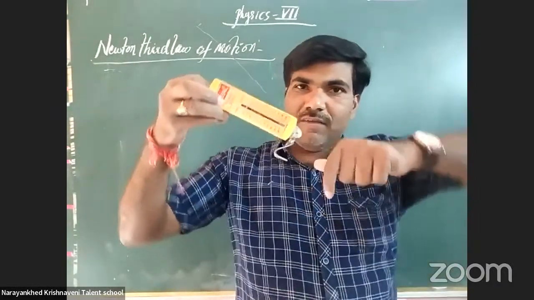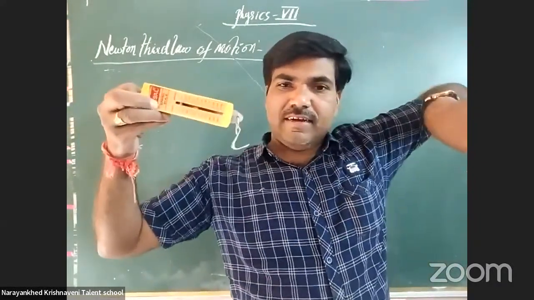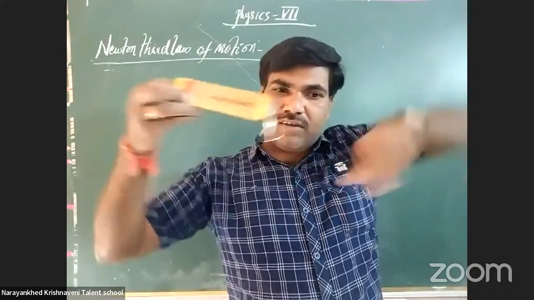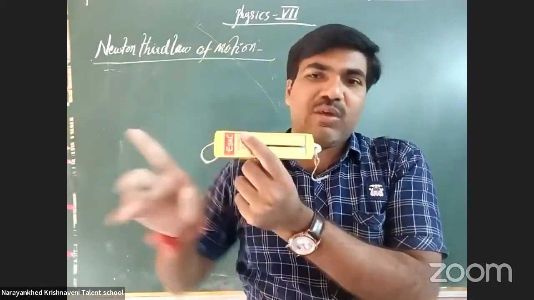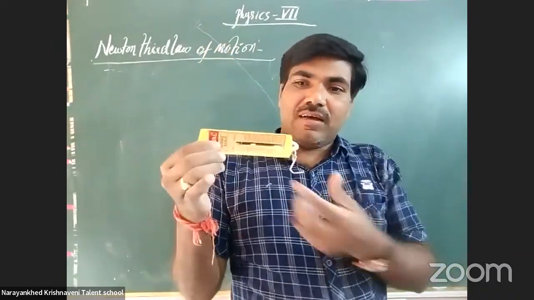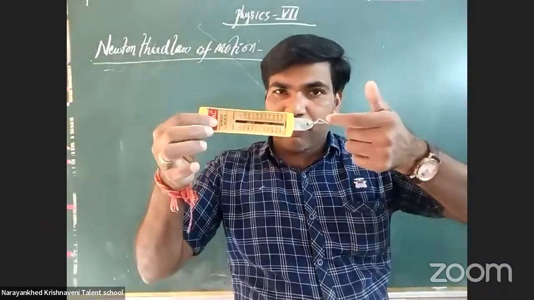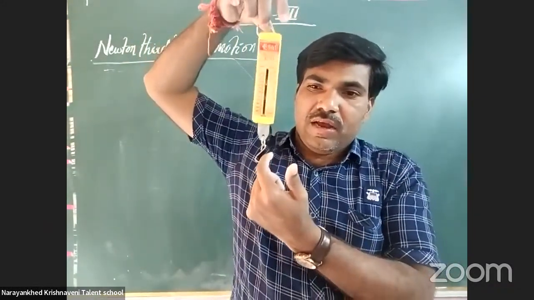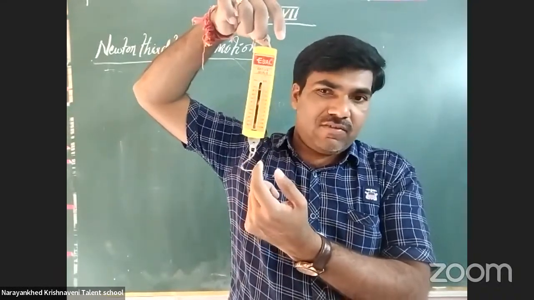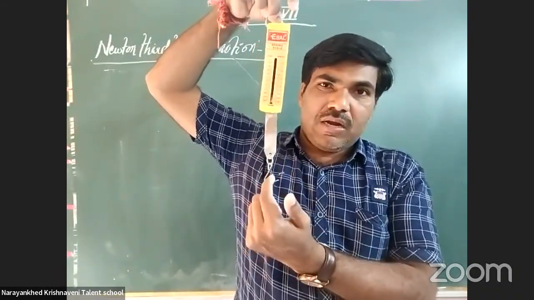When one spring balance is applied on this side and one spring balance on this side, both must compulsorily be the same in magnitude but opposite in direction. When I apply force here, the same equal force is indicated. It measures the gravitational force, that is the weight, not the mass. Now clear or not?